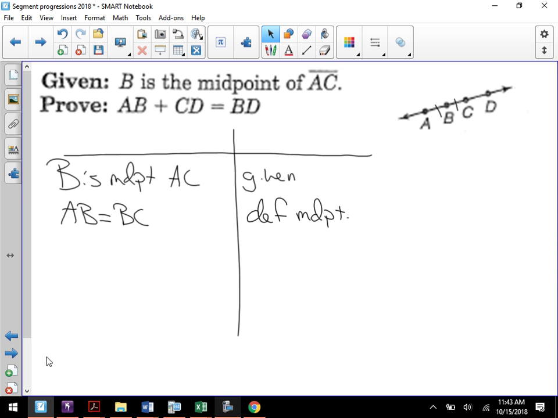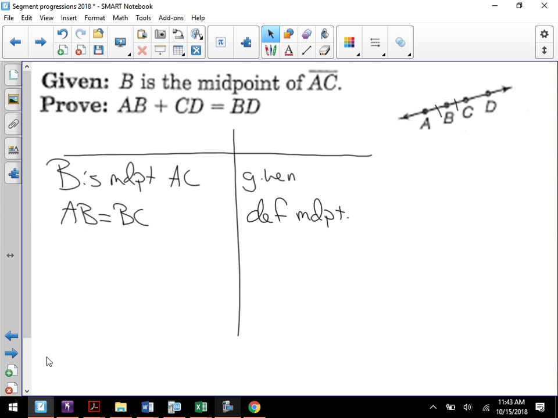Definition of a midpoint. That's what the sheet says. You follow what it says. Now, if I go back up and look at my diagram, that one segment, AC, doesn't really get me too far. But I have to talk about BD.